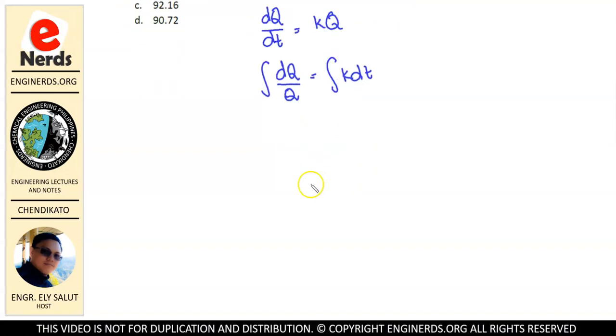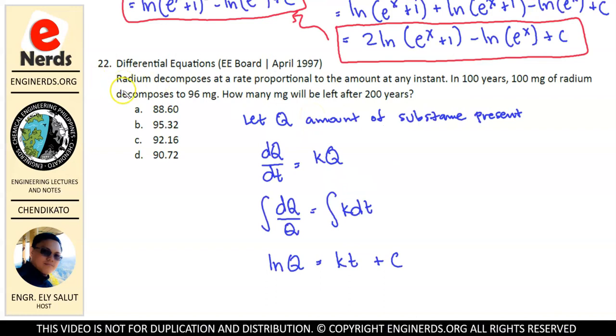Taking the integral, we have ln q is equal to kt plus c. This is our general solution. Now, according to the given, the radium decomposes at a rate proportional to the amount at any instant. In 100 years, 100 milligram of radium decomposes to 96 milligram.